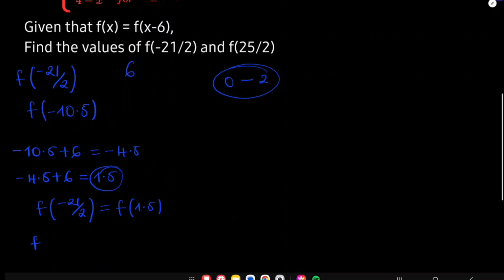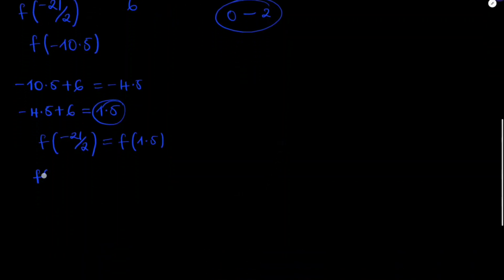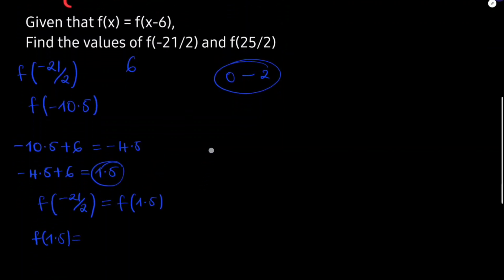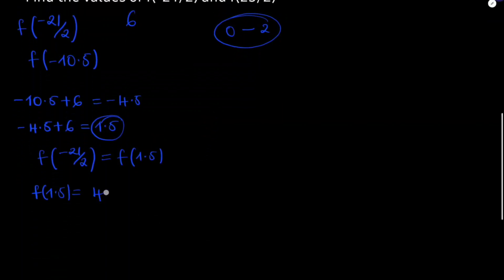So f(1.5) is equal to 4 minus 1.5 squared.